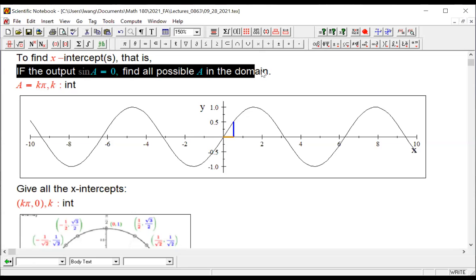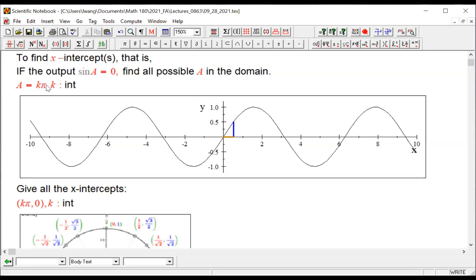This one is just asking for the input such that the output is 0. In this case, it is asking for intercepts. An intercept is a point, and in these points you're given both input and output as a pair. Therefore, that will be the answer. So depending on how the question is being asked, we know how to give the answer.